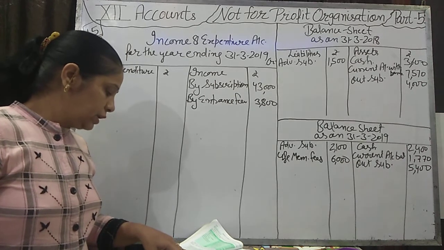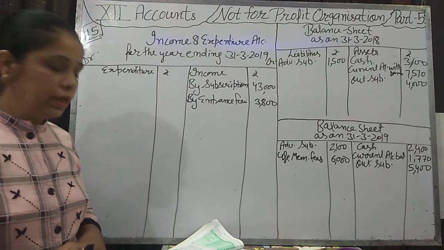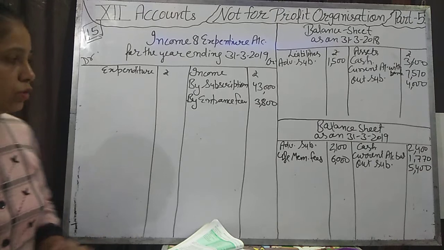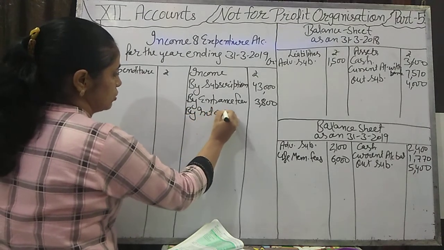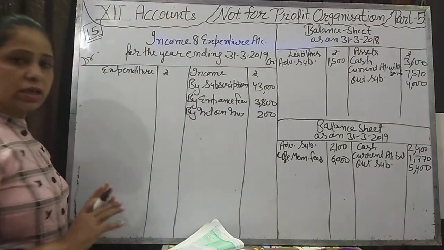Investment is given 20,000, but no rate of interest is given in this. It means we have received the total interest of this year, so we will write that on the income side. Interest on investment 200. Okay, now receipt is complete.